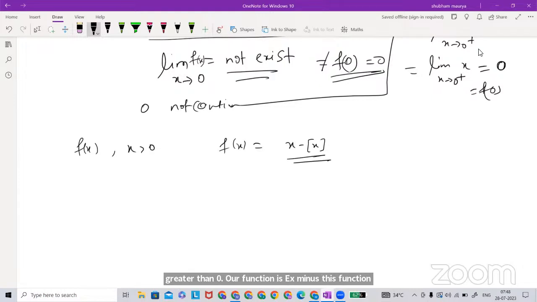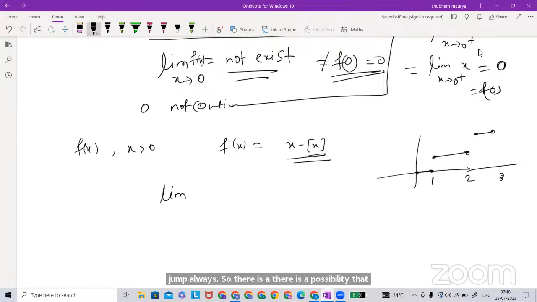So can we check the limit at 1? Because the problem for the greatest integer function is at the integers. It is stepwise, so you can see there is always a jump. So there is a possibility that at the integers it could be not continuous. So can we check at least 1? Then we can generalize it easily.